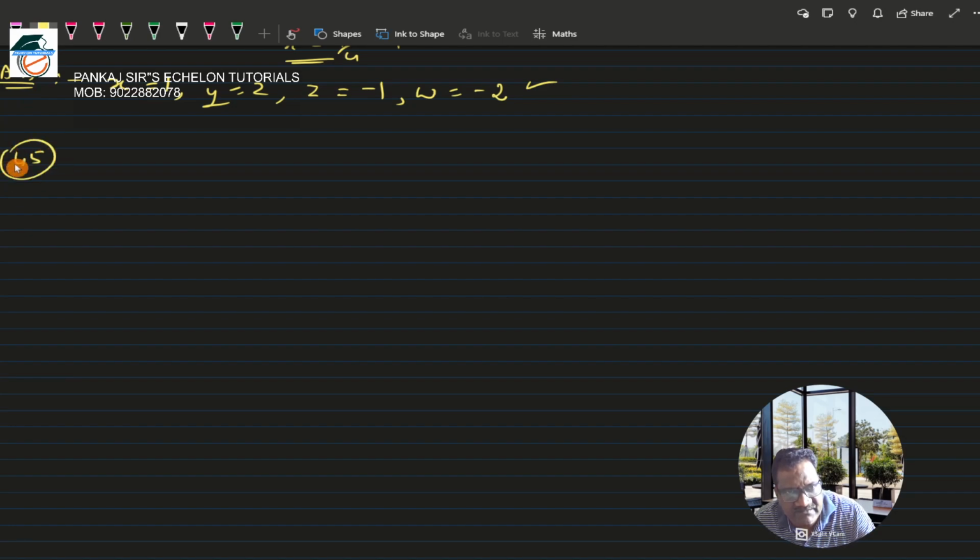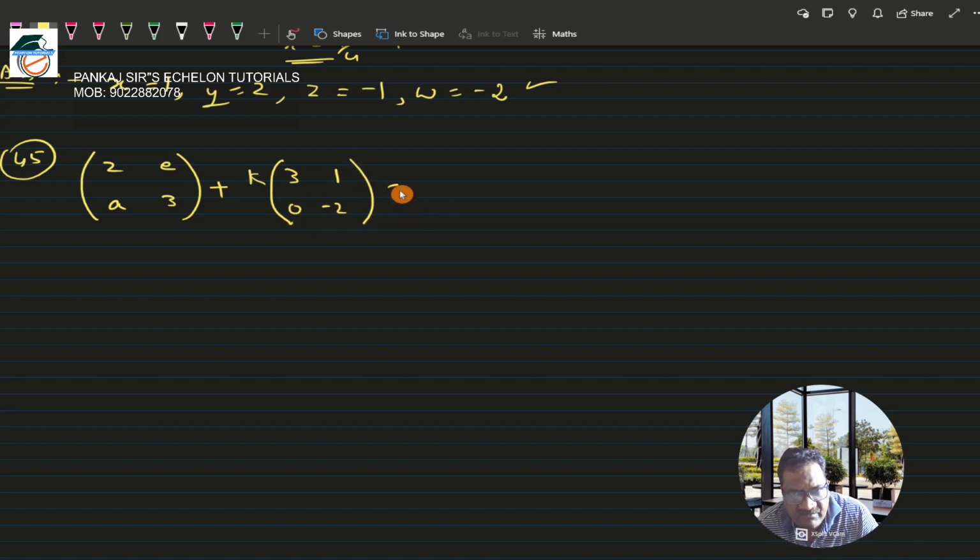The 45th question says that you have a matrix 2 and E, and then A and 3, plus K times a matrix with 3 and 1, and 0 and minus 2.